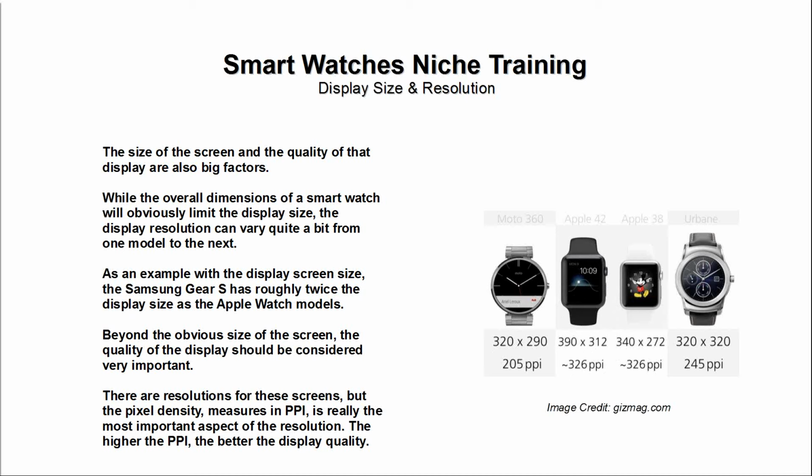So for people that want a certain screen size, or maybe they're looking for a smartwatch with the best possible resolution and screen quality, there is a very clear distinction and a choice when it comes to things like that. Apple actually ranks as having one of the highest PPIs out of all of the smartwatches.